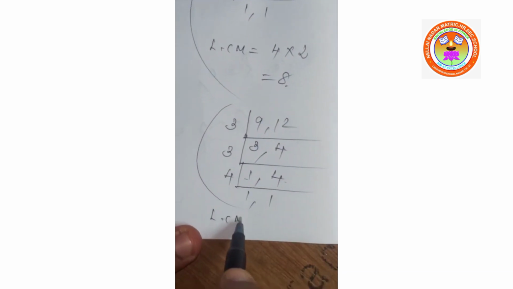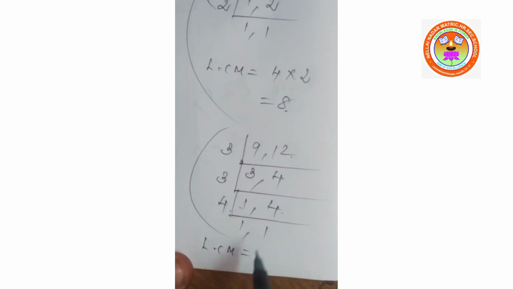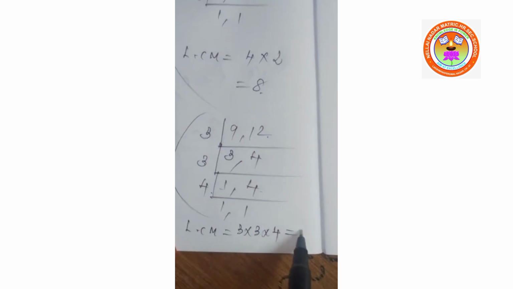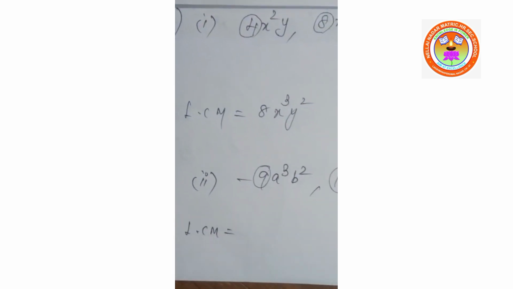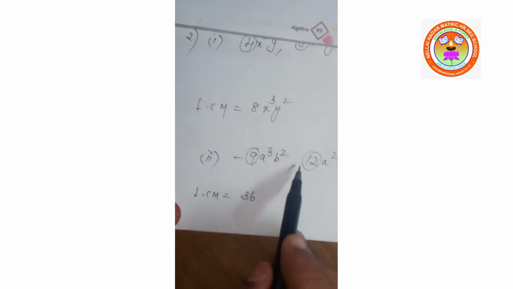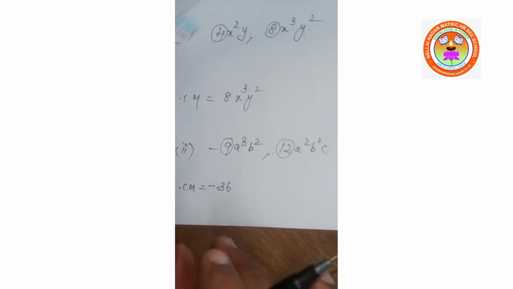The LCM for 9 and 12 is 3 into 3 into 4. 3 into 3 into 4. 3 3s are 9, 9 4s are 36. Listen carefully. LCM equals. First write this 36. Then here minus, even though there is no minus over here, that should be included. So that means minus 36.